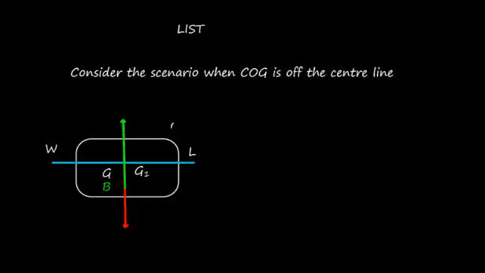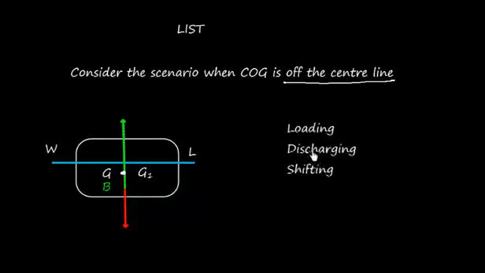Now let us consider the scenario where the COG is off the center line. So instead of G, this is the COG here. Now the COG has shifted here. Let us consider this scenario, and this can happen because of loading, discharging, or because of shifting, shifting in the transverse direction.